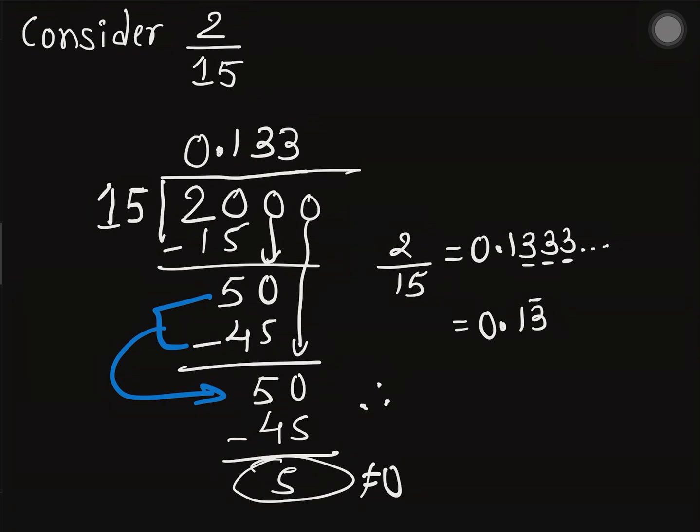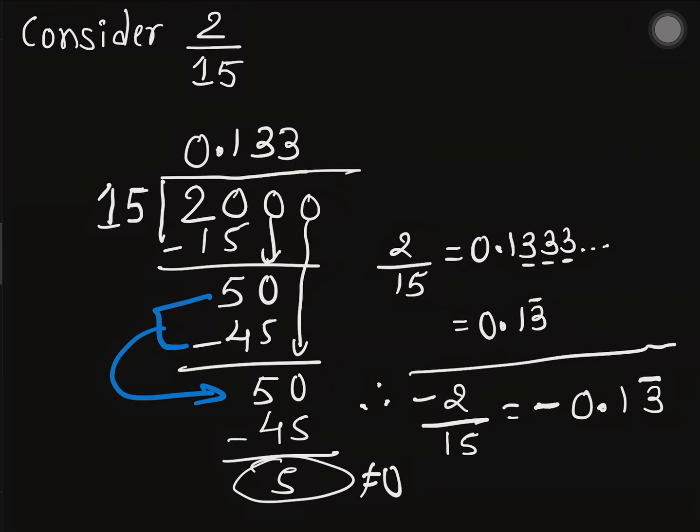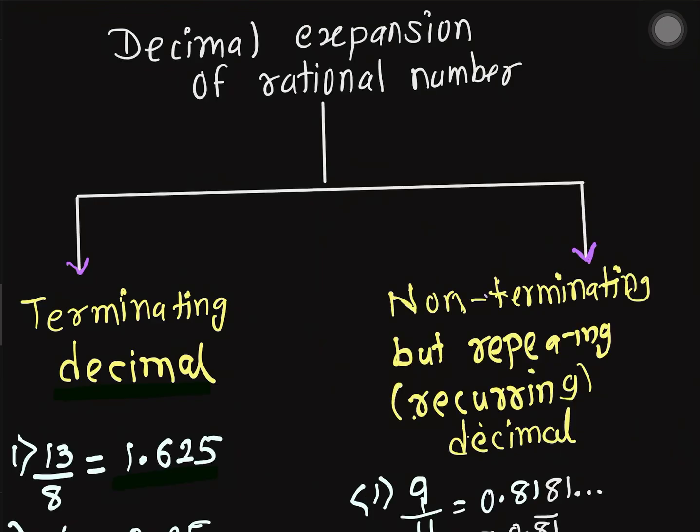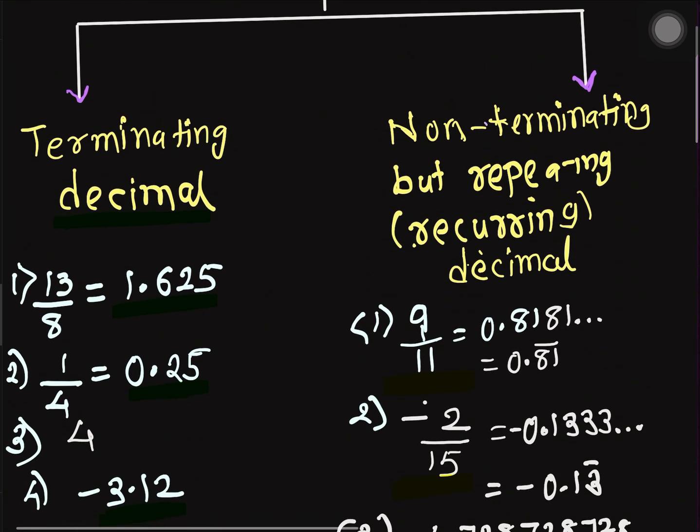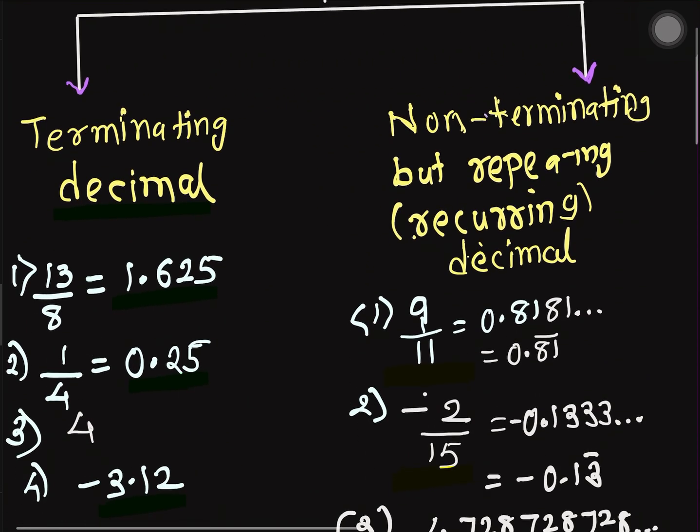So that means if the positive 2 by 15 is 0.13 bar, minus 2 by 15 is, just substitute the negative sign, minus 0.13 bar.